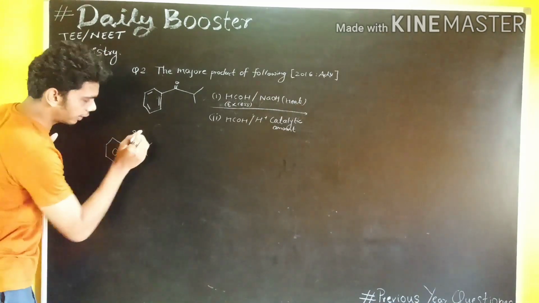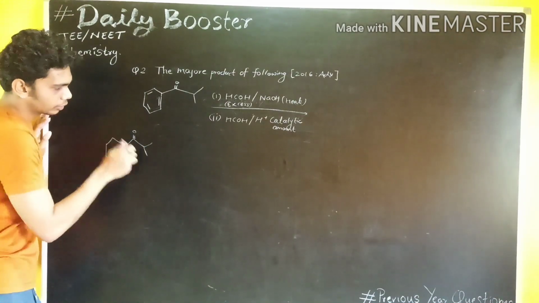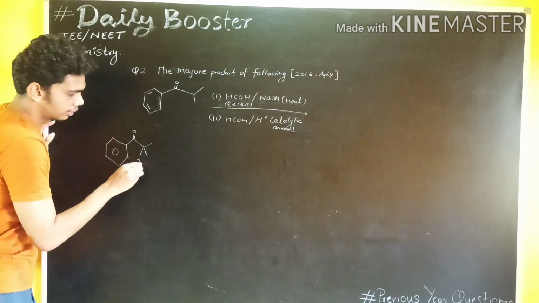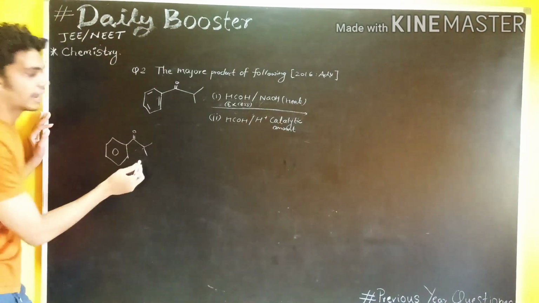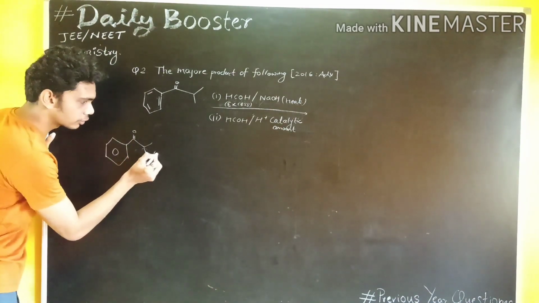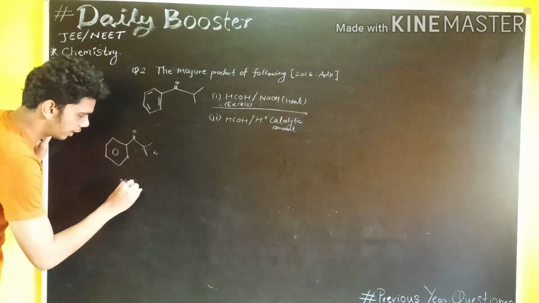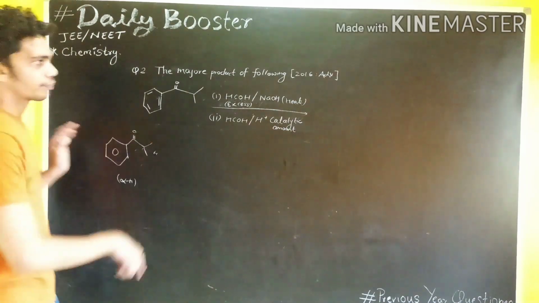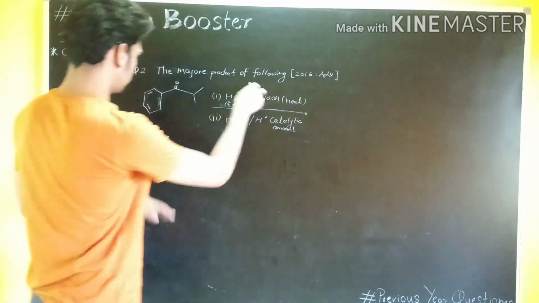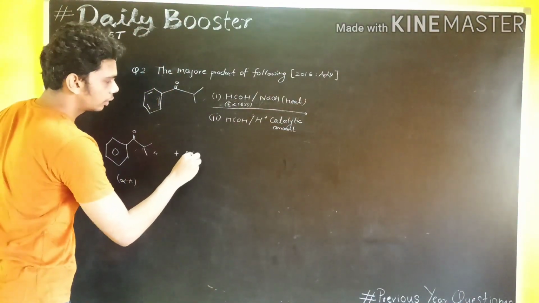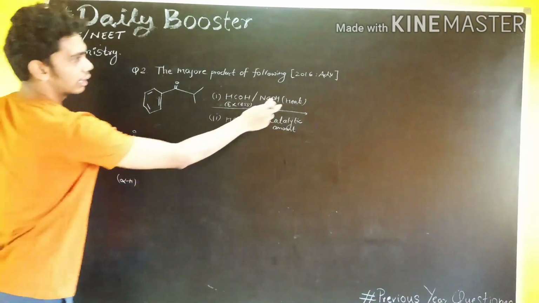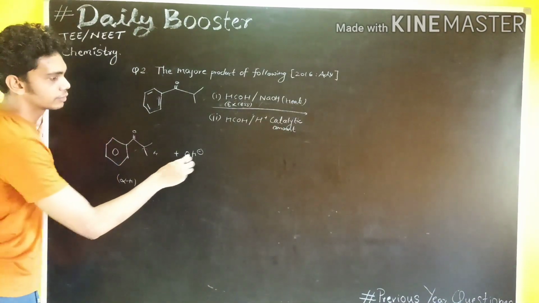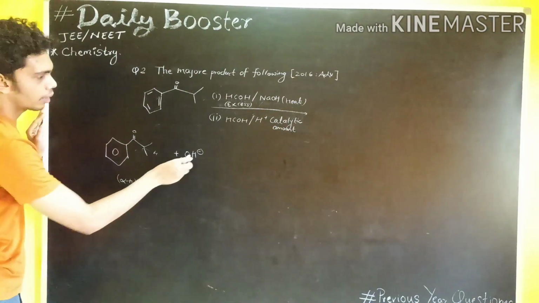In this structure we will find that next to this ketonic group, this carbon is called the alpha carbon, and whichever hydrogen is present on this alpha carbon is called alpha hydrogen. So this is the alpha hydrogen present over here. Now in case of NaOH, definitely it will be OH minus, and it is in excess. So in alkaline conditions, what is going to happen?